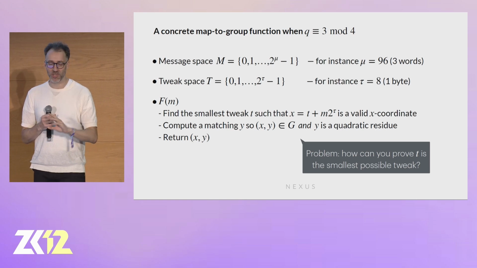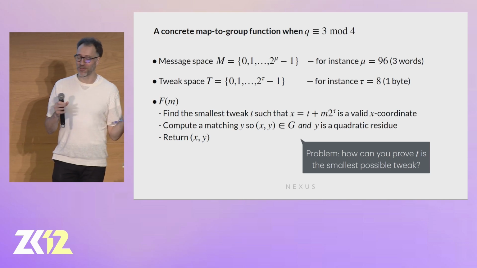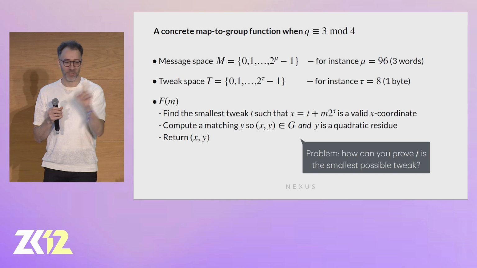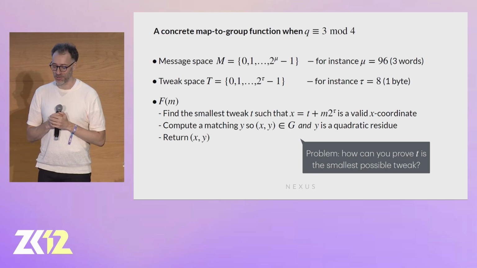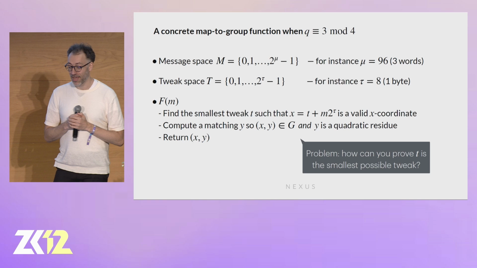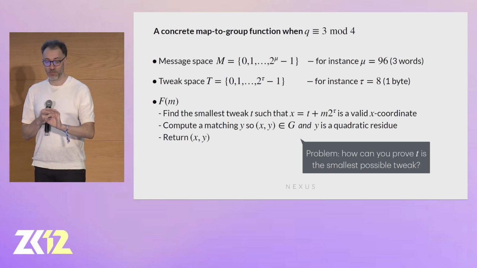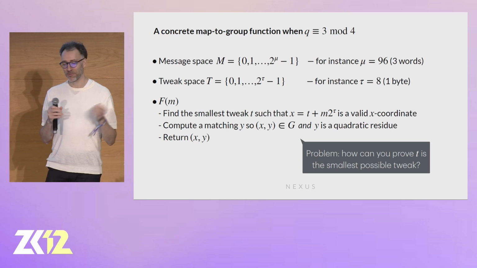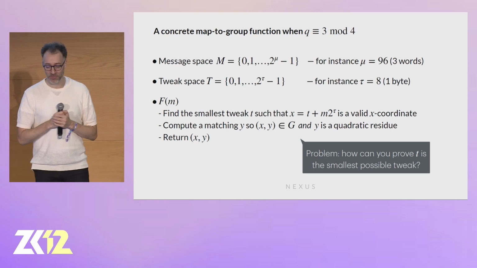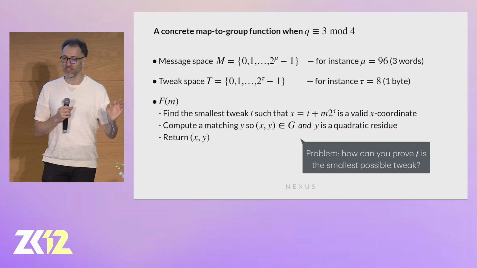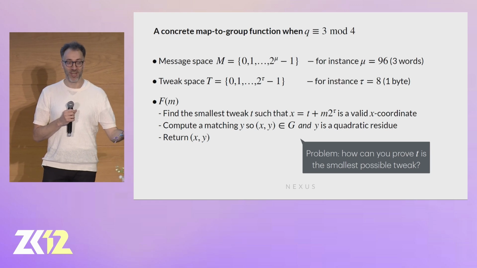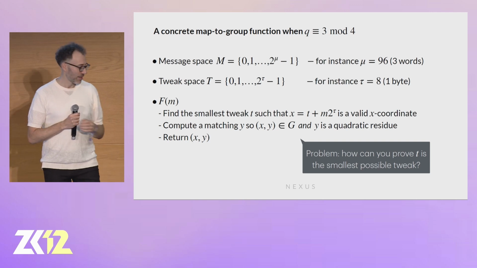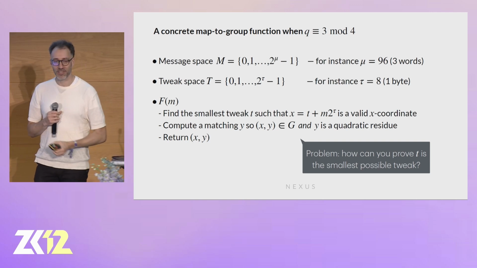The tweak is there because not all x coordinates, only half of them, are good x coordinates, so we need the tweak to make sure that we get a valid x coordinate. Then the function also needs to make sure that we cannot flip the sign. We suggest that if q is equal to 3 mod 4, we just make sure that y is the quadratic residue, because only one of y or minus y is going to be a quadratic residue. And you return that point.